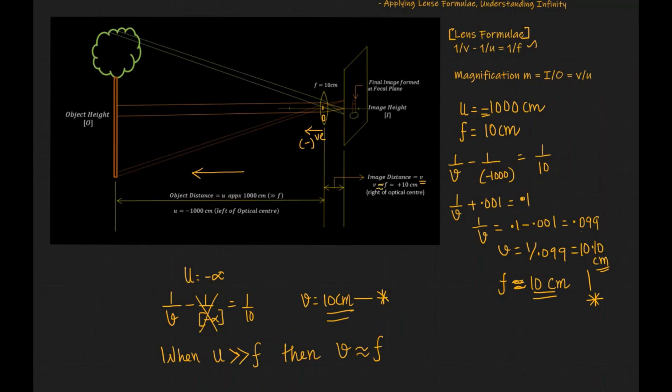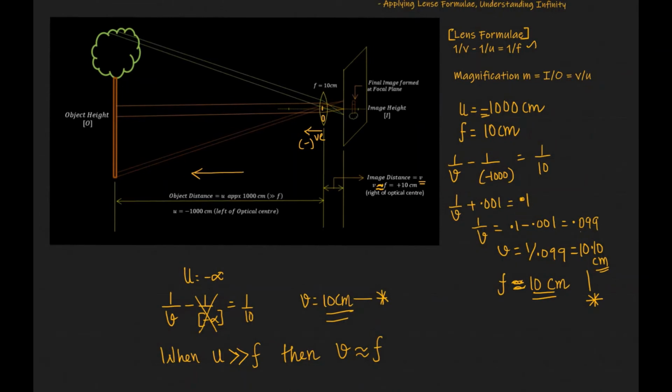The V is equal to, but we should have accurately written as V is approximately equal to a focal length. So in summary, for large distances we can as well write U is minus infinity. When we say large distance, we imply that U is far greater than F. So we can as well write U is infinity, and we can write V is approximately equal to F.